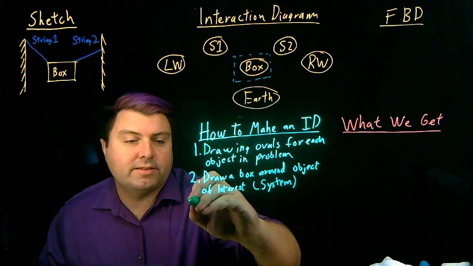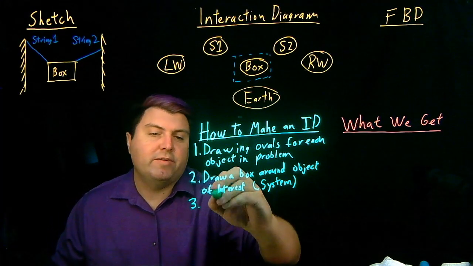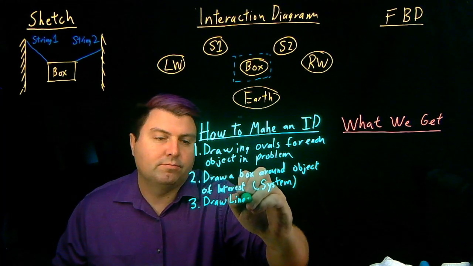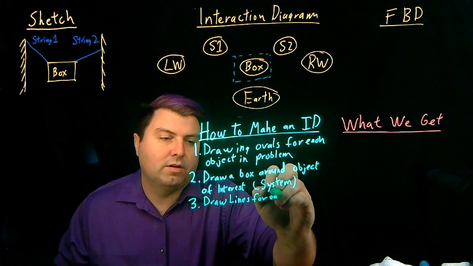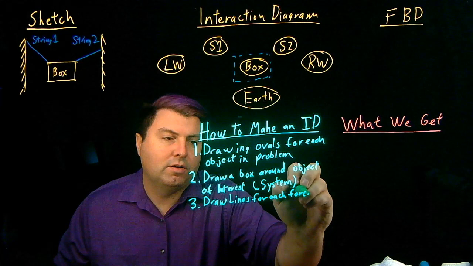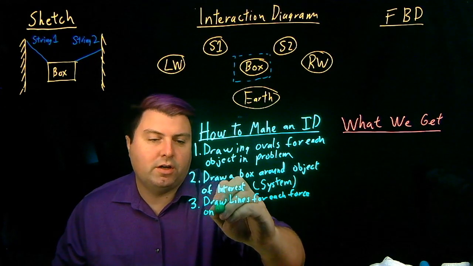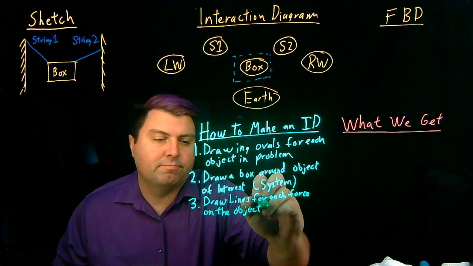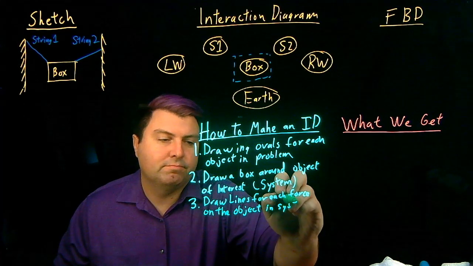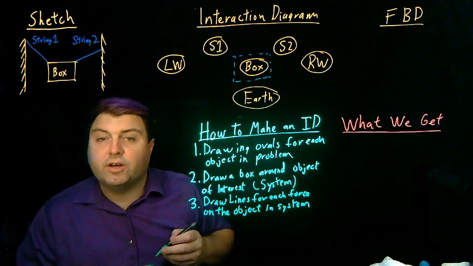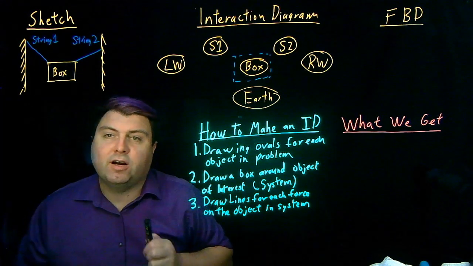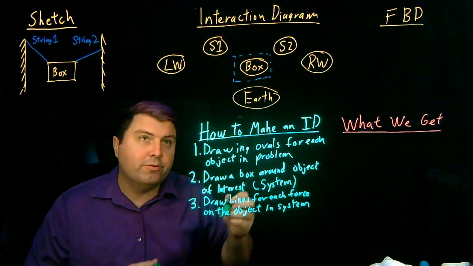So our last major step is that we then draw lines for each force on the object in the system. So what we are saying is string 1 and the box are in contact with each other through a force of tension.